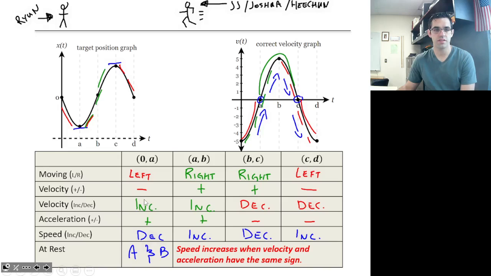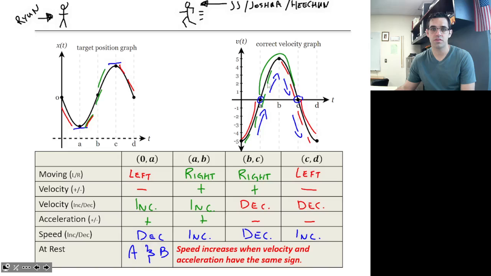Okay, so velocity, whether it's increasing or decreasing, is going to match up with positive or negative acceleration. So we're taking the same relationship between position and velocity, but we're looking at the velocity and the acceleration graph. And so when the velocity is increasing, shown by the slope of the tangent lines on our velocity graph, then our acceleration is going to be positive. So if we looked at our acceleration graph from A to B, it'll all be above the x-axis.